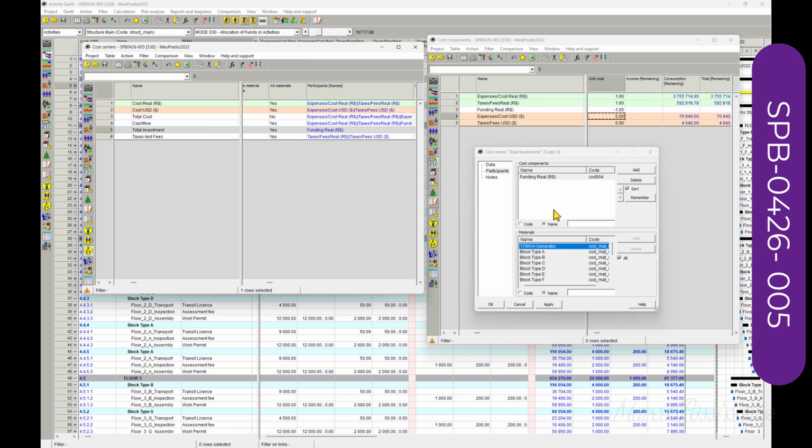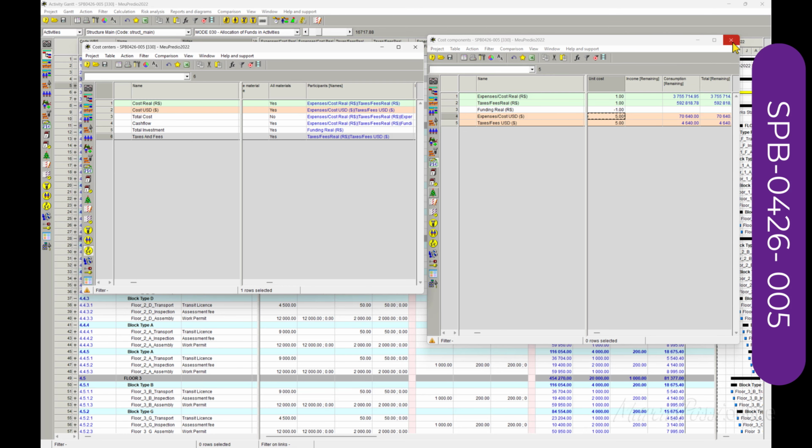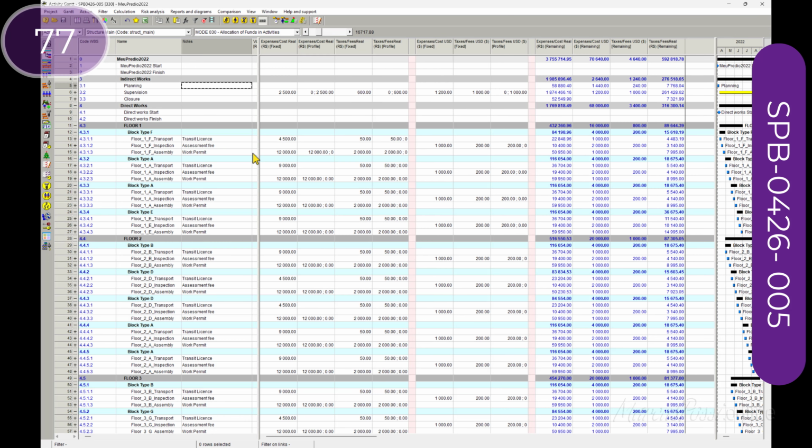Total investment, that we have just one component, tax and fees, the dollar and reals. Okay, it's okay here. You have applied for transports, transit license, assembly work permit, and inspection assessment fee.